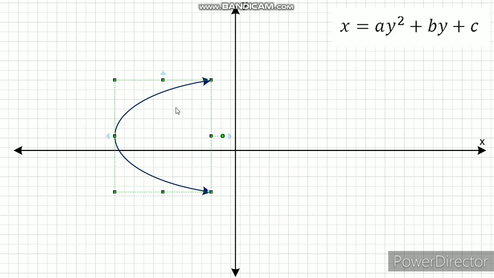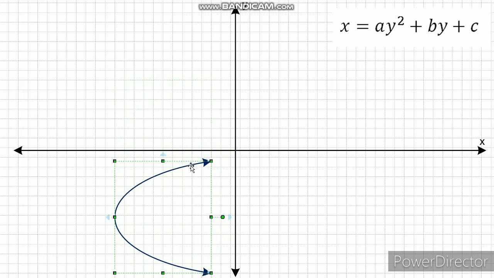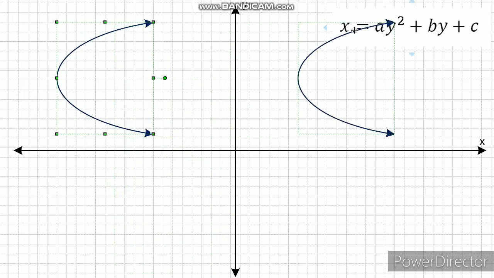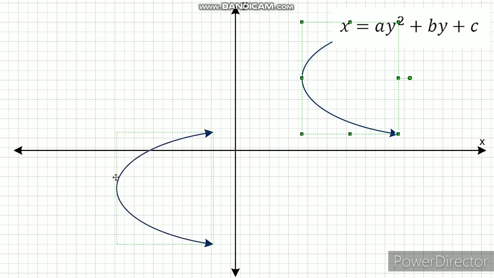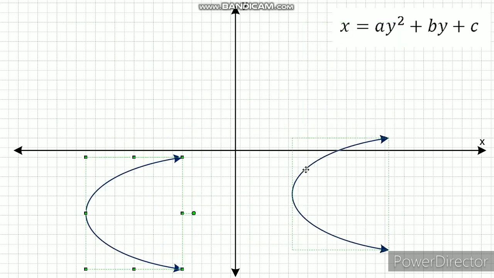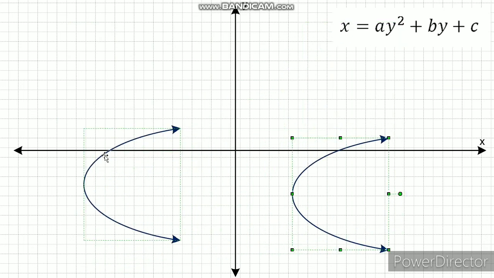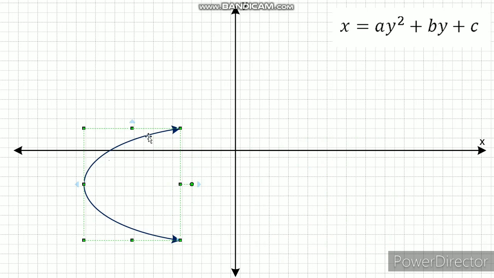Different than before, the x-intercept will always be 1, like this. This is still 1, only 1, anywhere you put the vertex, the parabola will always have 1 x-intercept. But how about the y-intercepts?